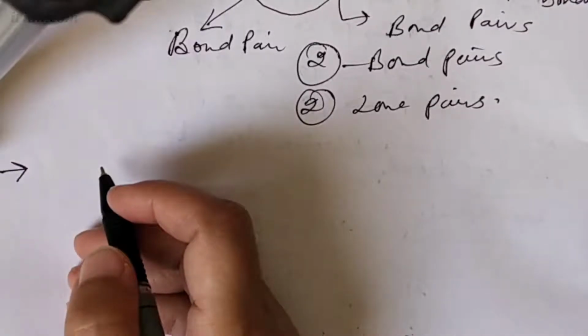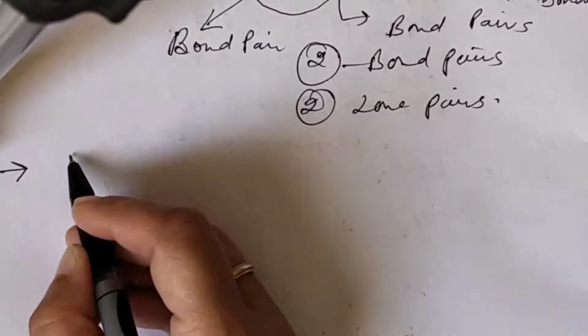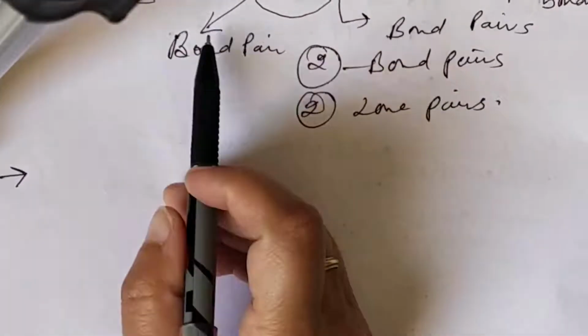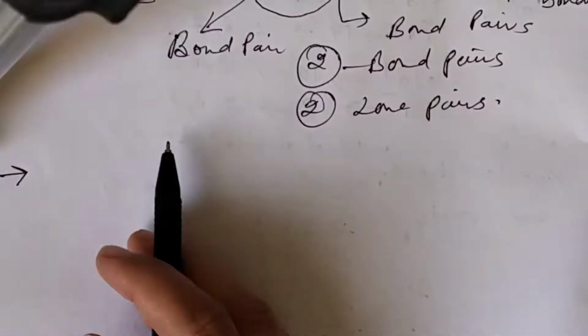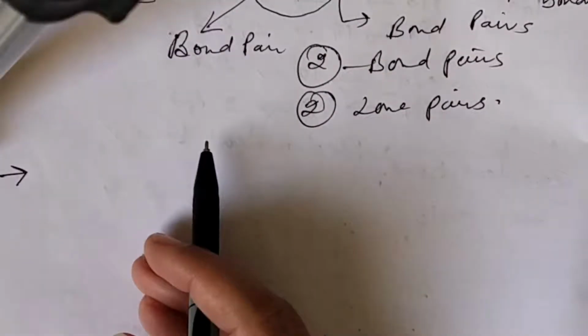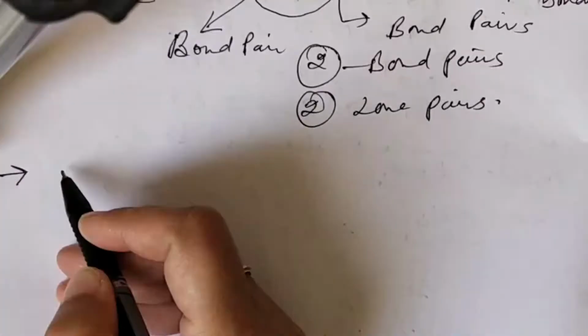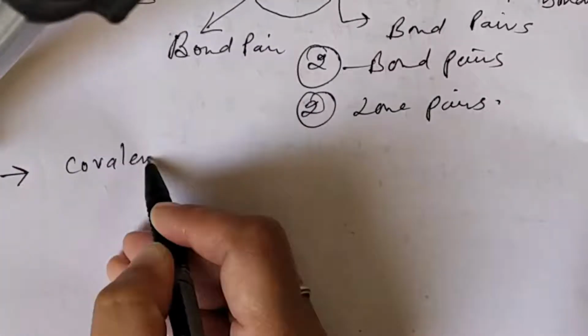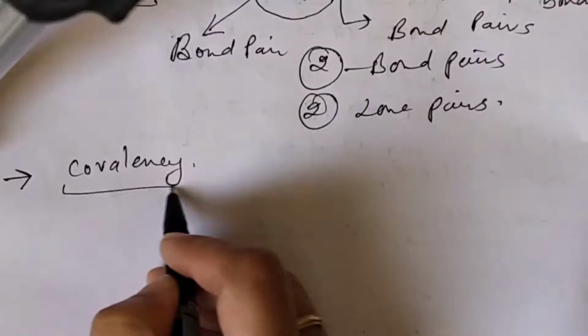Is it okay? When an atom shares electrons with another atom, this is called covalency. What is the term called covalency?